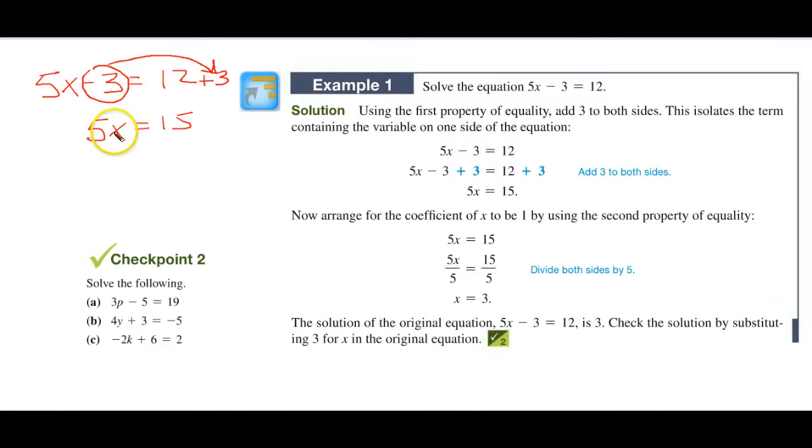And then to isolate the x, we would divide by the numerical coefficient, which is 5, and we get x equals 3. And if we put 3 in the original equation, it makes it a true statement. So we say that 3 is a solution for this particular equation.